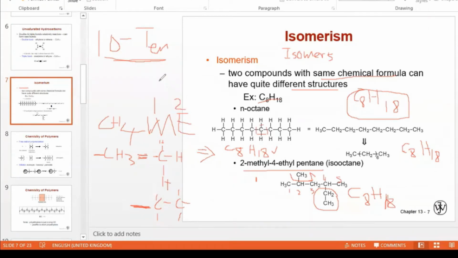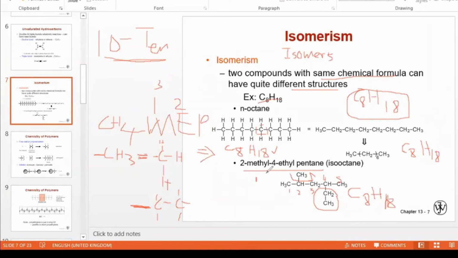Now 1 and 2 is altogether 3. Then I have this pentane part. That pentane has 1, 2, 3, 4, 5 carbons, that's why this is pentane. You have 5 carbon atoms, that's why it is pentane. So this is 2-methyl, 4-ethyl, pentane. All right.